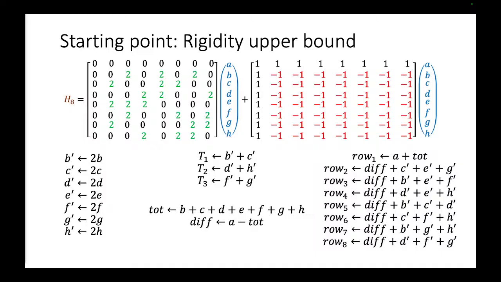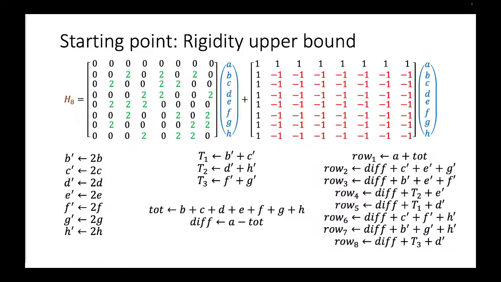And then I'm going to put them in on the right, where they were appearing anyway. So once again, I've just added 3 operations, subtracted 3 operations. I haven't made a change. But now I can save on the operations to compute total. Right now it's 6 additions. But instead, I'm going to add t1, t2, and t3, and the last variable e prime, and divide by 2, and do it with only 4 operations. So I've saved 2 operations so far. We've gone down from 36 to 34. Okay, we're almost there.